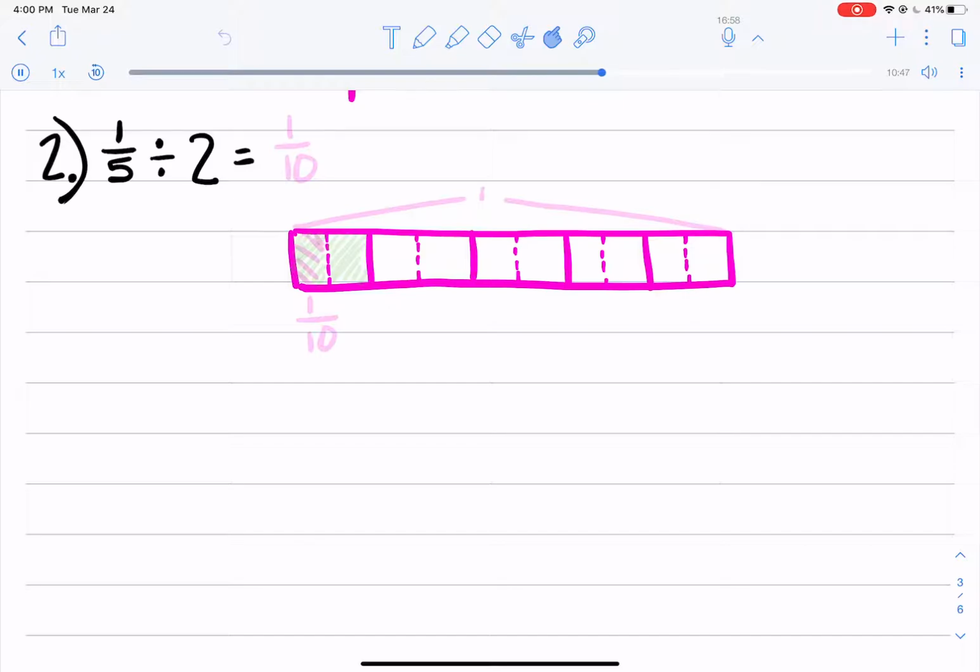So we just want to know about this part of it, about 1/5. Also should note that this is 1 whole. So 1/5 divided by 2 would be this one piece right here, which is 1/10.